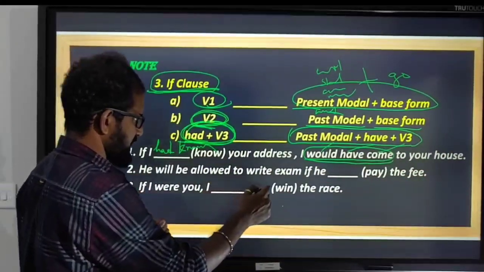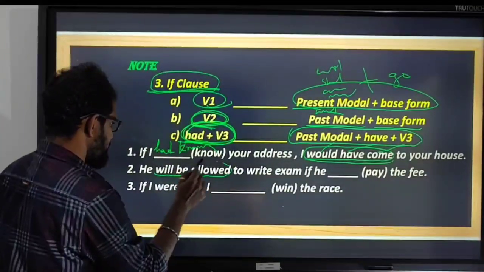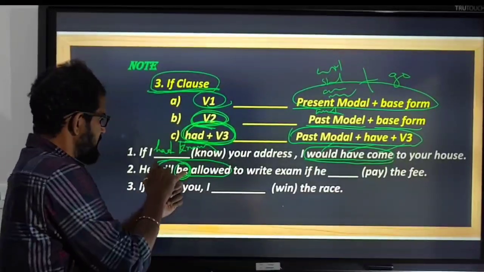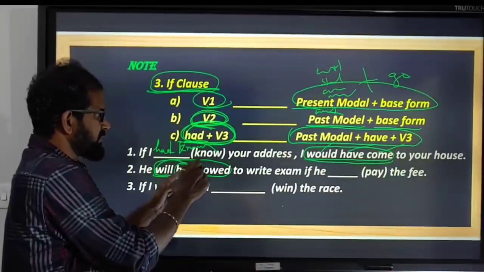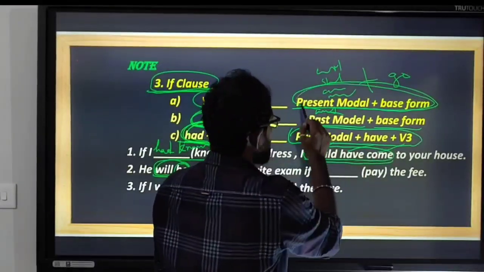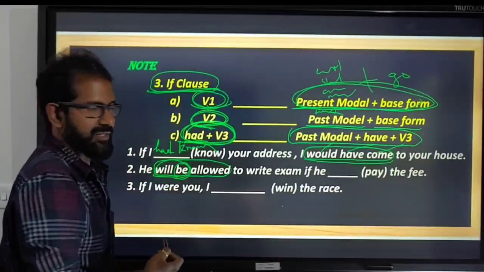He will be allowed to write the exam if he paid a fee. Will be allowed. Will plus base form. B is the base form. Will plus base form, to write the exam. Present modal plus base form. The main clause is in present modal plus base form. Then the if clause has to be filled with V1.